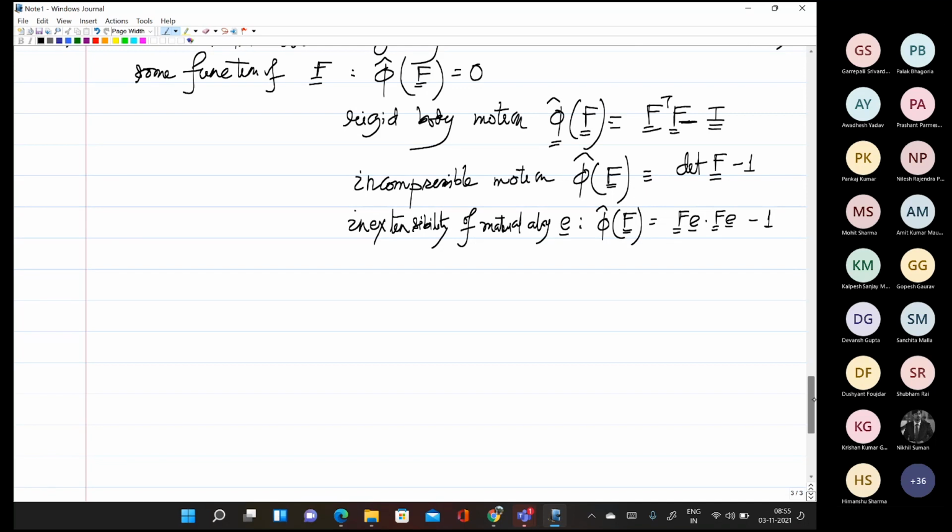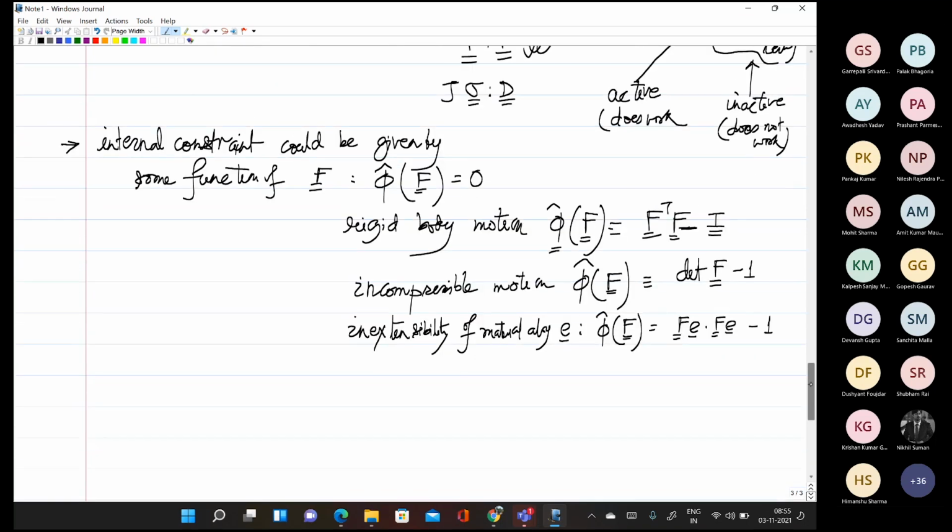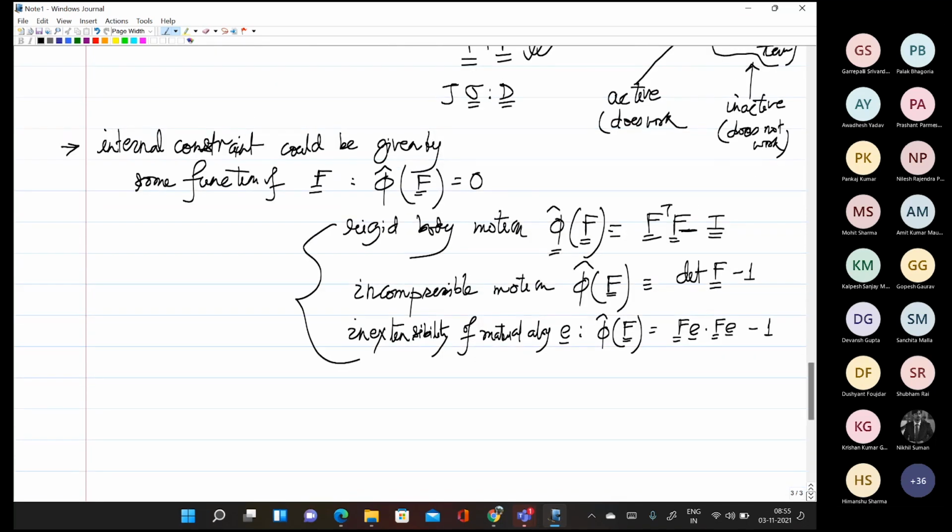And these were three specific examples, okay? But then you can have any general kind of constraint in the body, which will be given by this phi of F equal to 0.